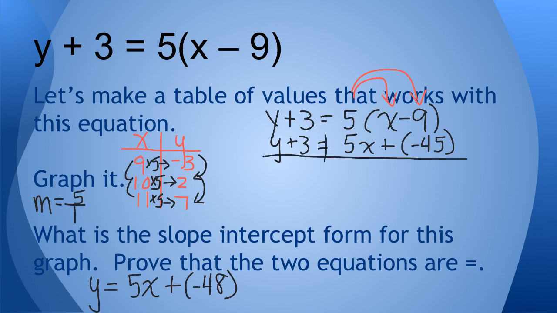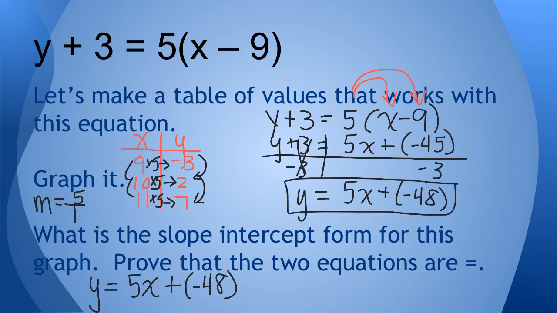So in order to get y by itself, I have to subtract 3 from both sides. That leaves y by itself, and then we have 5 x's and a negative 48 on the other side. Well, it appears that I can get from point-slope form to slope-intercept form 2 different ways, and they are equivalent.